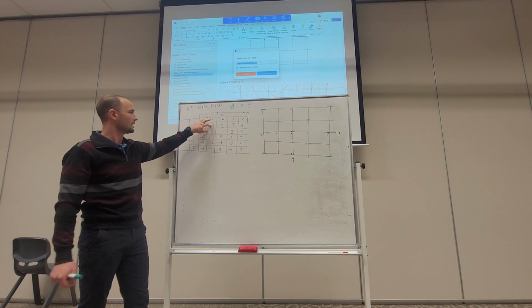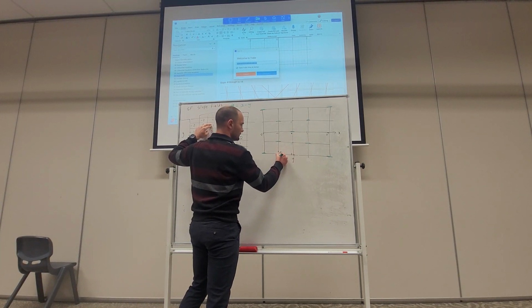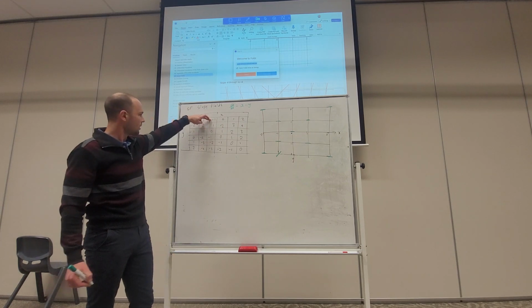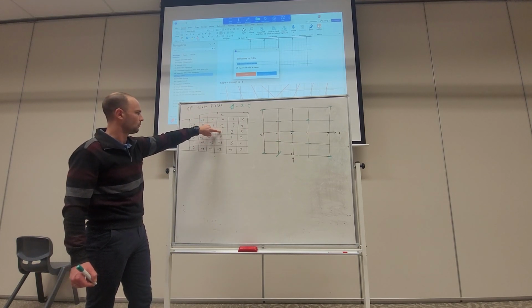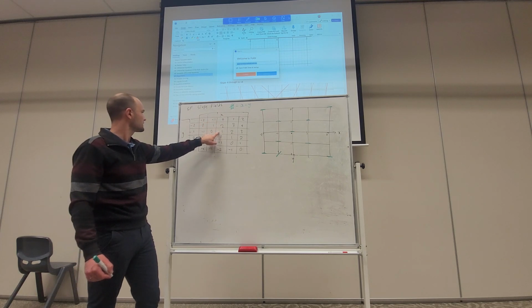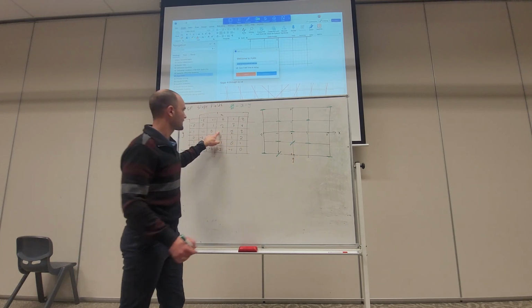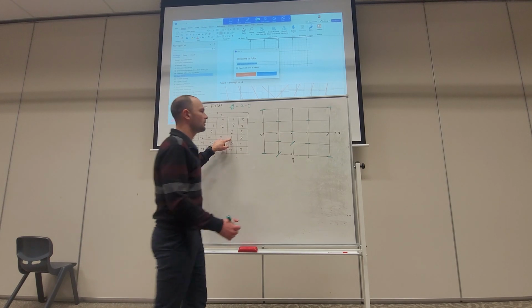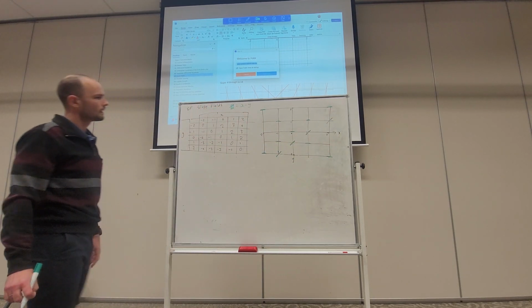Slope of positive 1 when x is minus 1, y is minus 2, that's here. Let's do all of the 1s. We've got when x is 0, y is minus 1. We've got when x is 1, y is 0. And so we're just going up there. We're going to notice those kind of patterns.